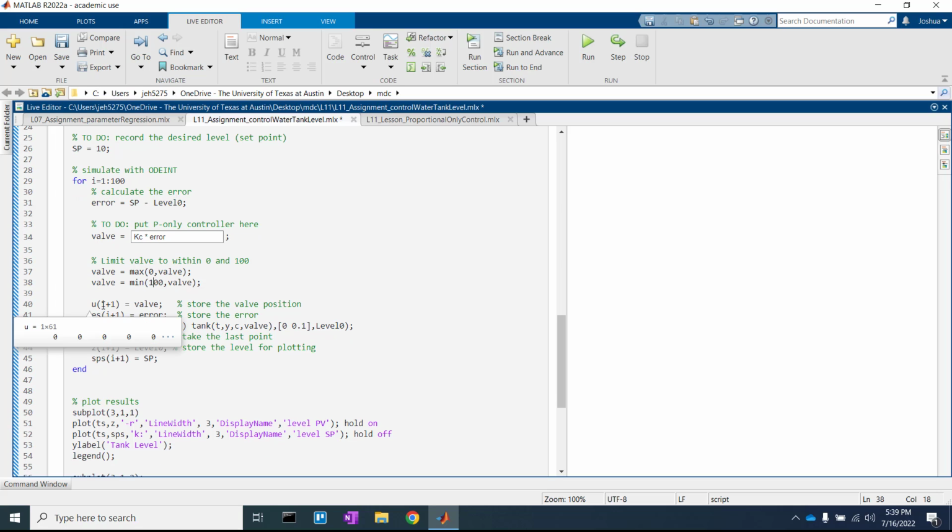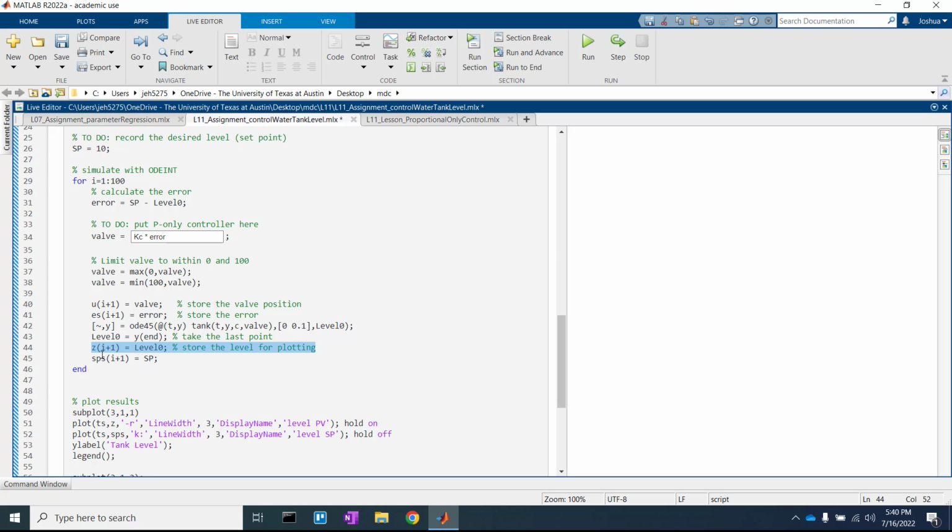Finally, we will store our results. We'll store the valve setting in our U array, which stores our manipulated variable. We'll store our error. We'll simulate 1/10 of a second with ODE 45. And then we will take the last point of that simulation and we'll store that as our new level 0. And then we'll store that level 0 within our z, which is the height.